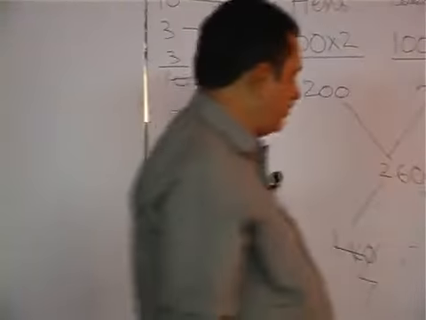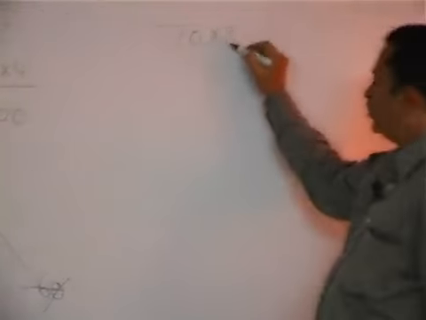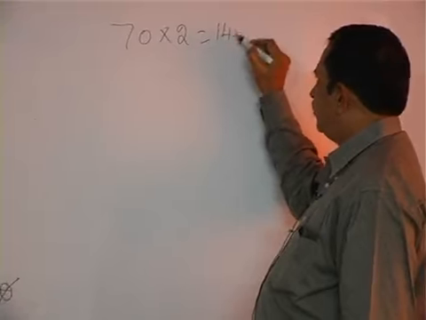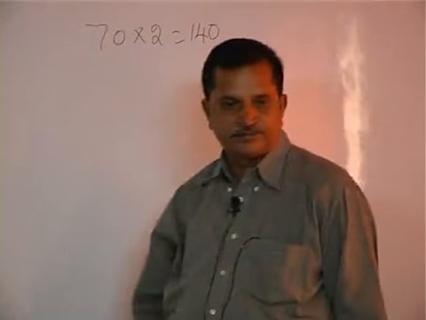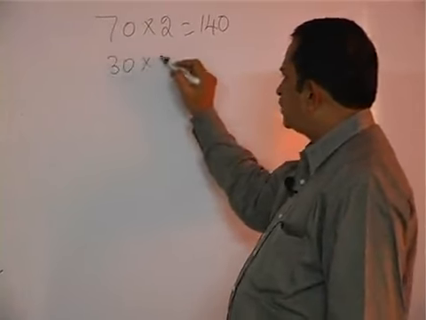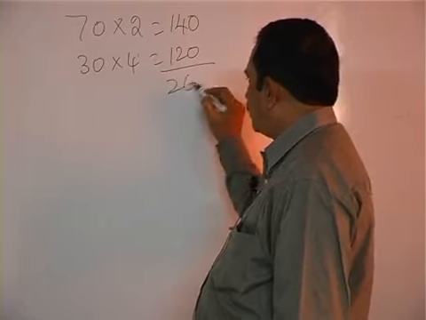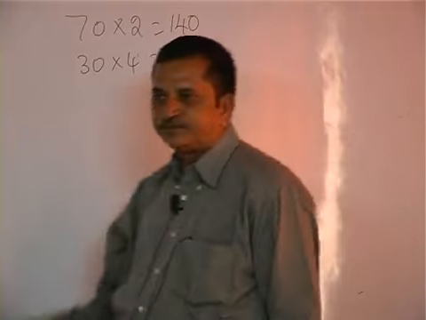If you want to verify, 70 hens into 2 legs, that is 140 legs, and 30 cows into 4 legs, 120, put together 260 legs, tallied.